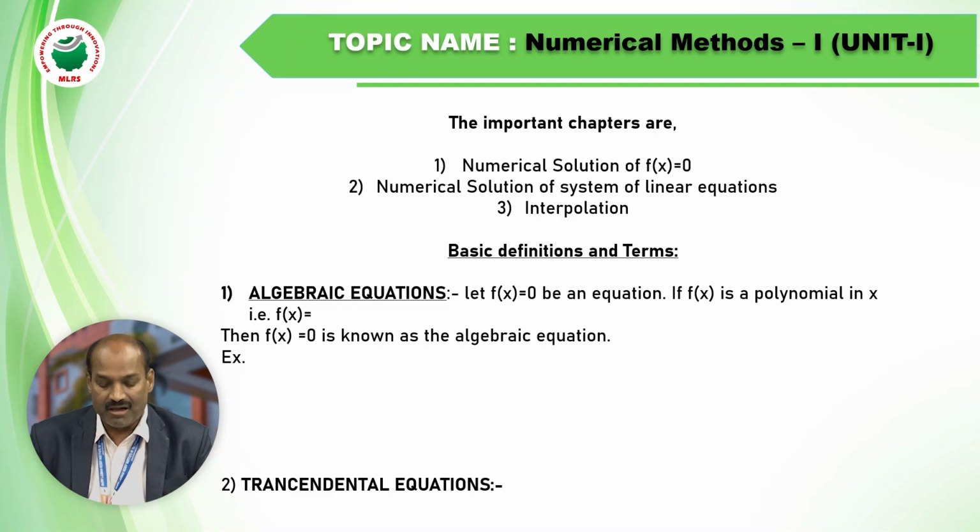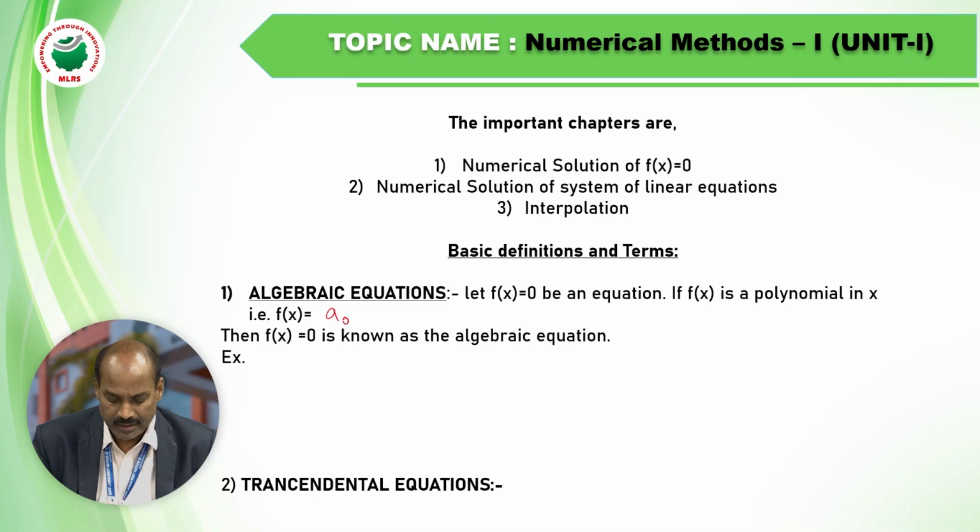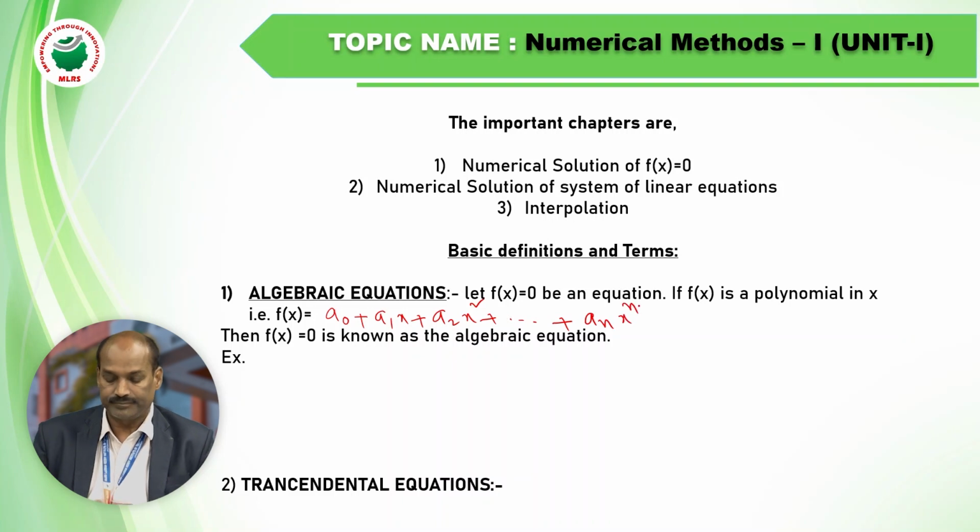First one is algebraic equations. What are the algebraic equations? Suppose in the given equation f of x is equal to 0, if f of x is a polynomial, for example, f of x is equal to a0 plus a1x plus a2 x square plus so on plus an x power n.